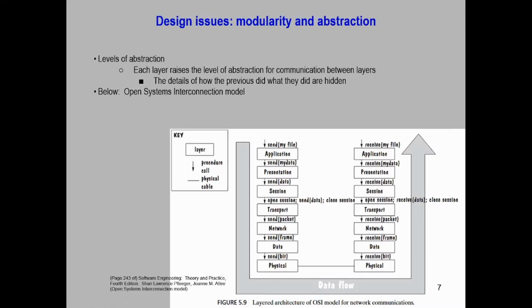So effectively, the details of what the previous layers did are hidden from a current layer. Like if you are down here at the left at network, you can't see anything that happened above in the transport, session, presentation, application.